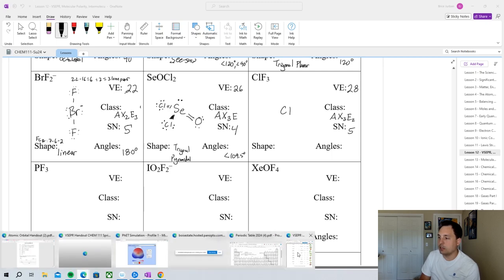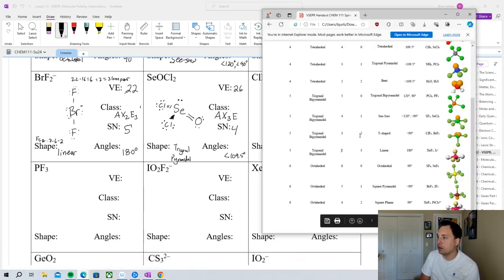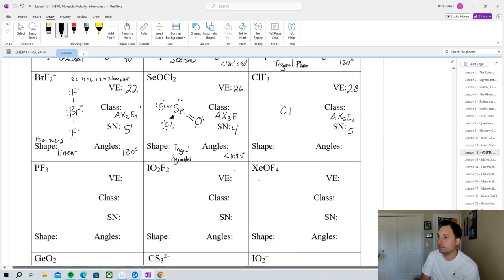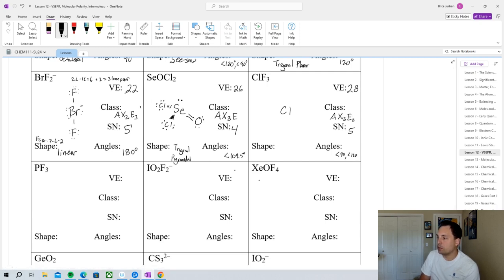Well, that's going to be a T-shaped molecule. AX3E2 is T-shaped. Bond angles here are going to be less than 90, less than 120. And we can draw T-shaped a couple different ways. I think up above we talked about how it's not quite up, but maybe at a slight angle.